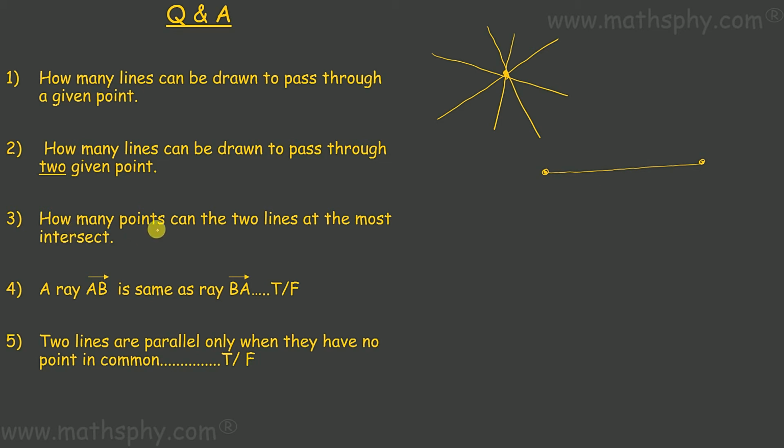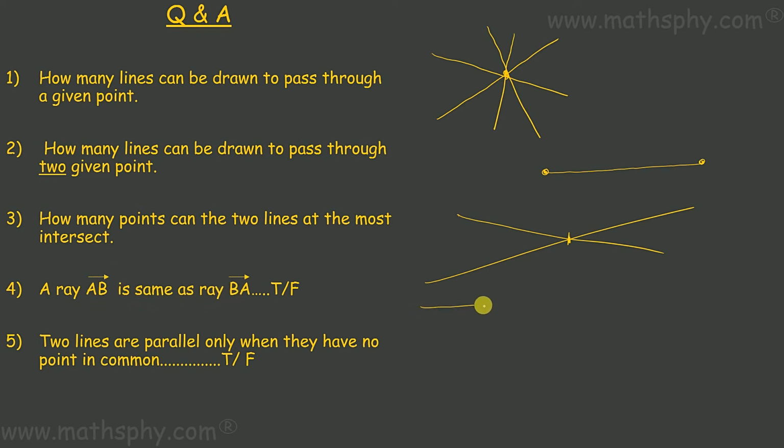How many points can two lines at the most intersect? So two lines like this, they can intersect only at one point. It says a ray AB is same as ray BA.